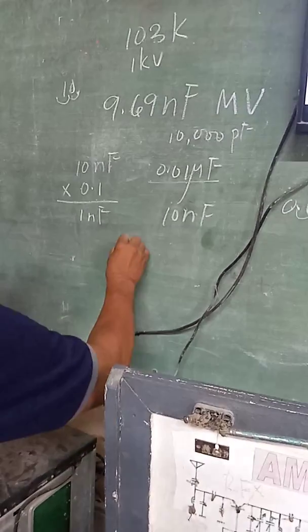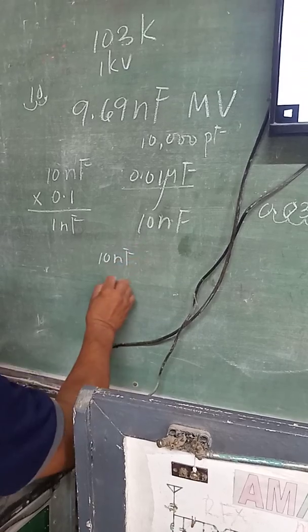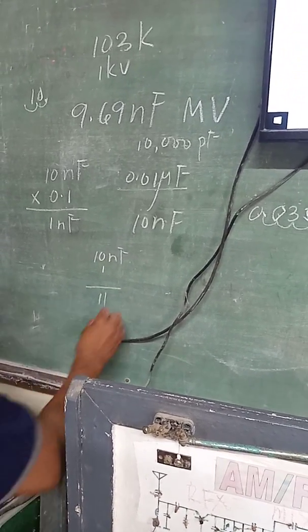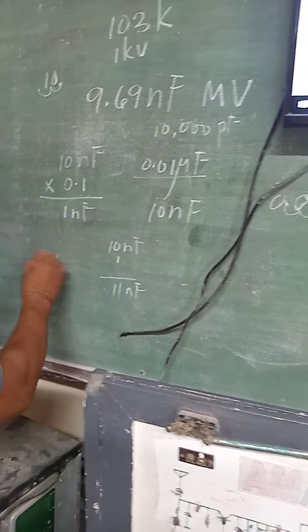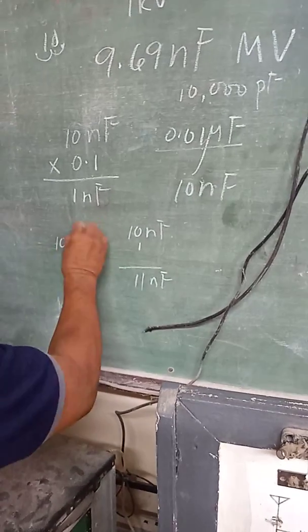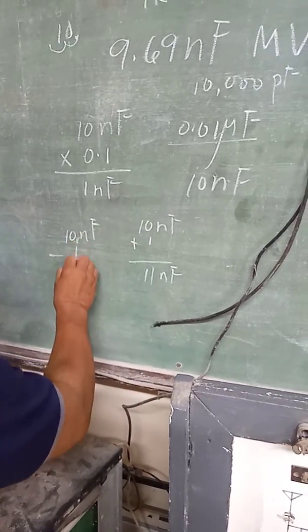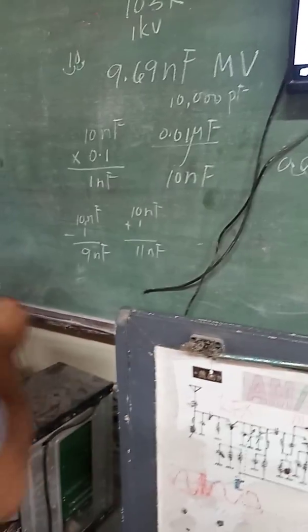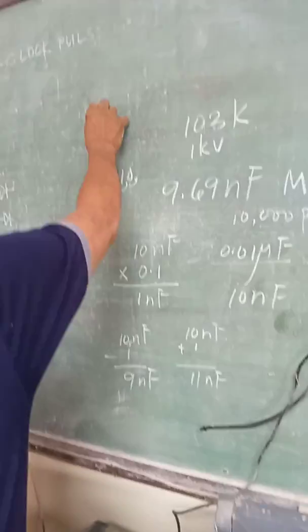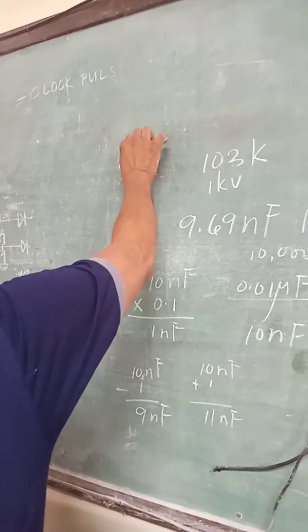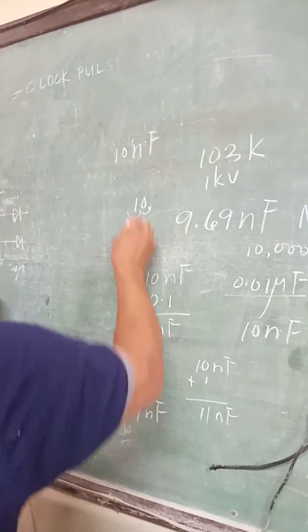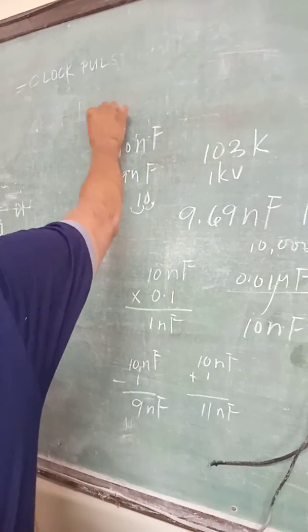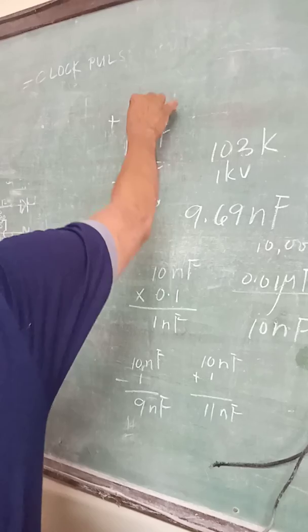To get the more, 10 nanofarad plus 1 is 11 nanofarad. Whereas, to get the less, 10 nanofarad minus 1 is 9 nanofarad. So from 10 nanofarad as the coded value, the less is 9 nanofarad and the more is 11 nanofarad.